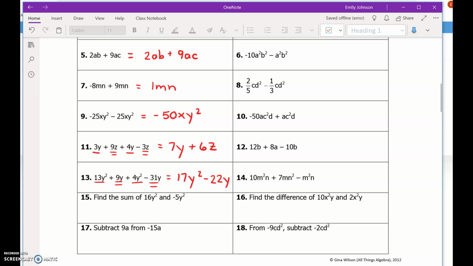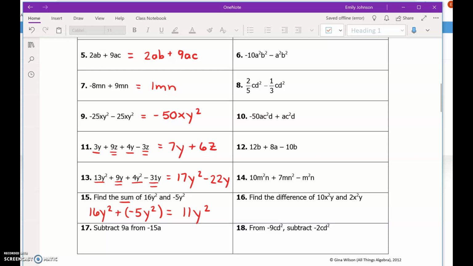In the bottom section, you'll notice they added some words, and with these words, we want to pick out the keyword. In number 15, sum indicates to us that we're going to be using addition. So I'm going to add these two terms together, and 16 plus negative 5 would equal 11y squared.